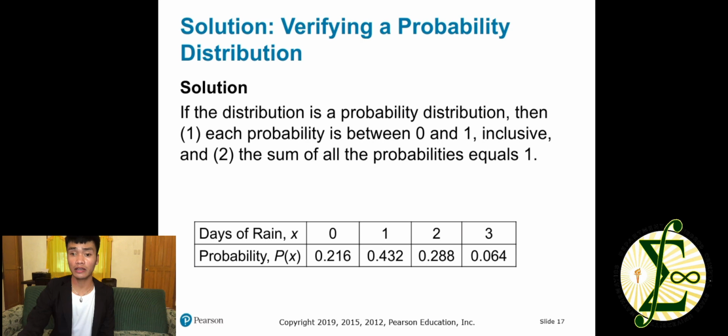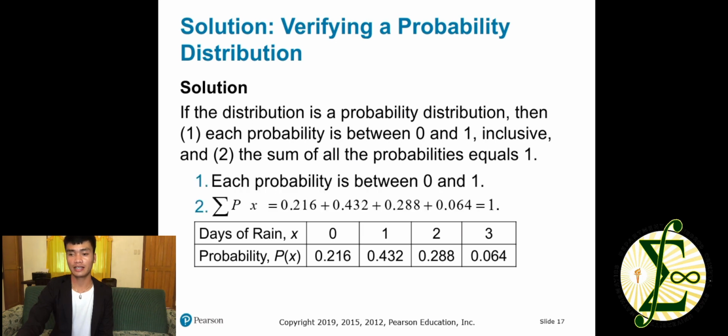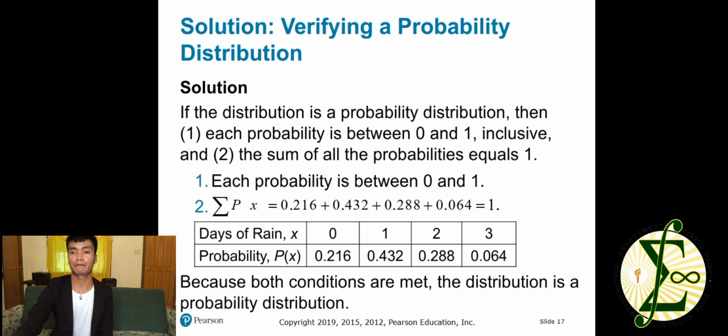And for the second condition, the summation of P of x is equal to 0.216 plus 0.432 plus 0.288 plus 0.064, which is equal to 1. Thus, the distribution is a probability distribution.